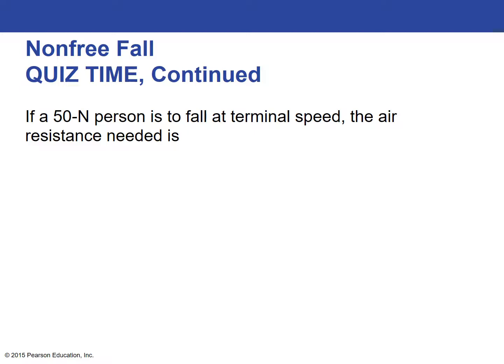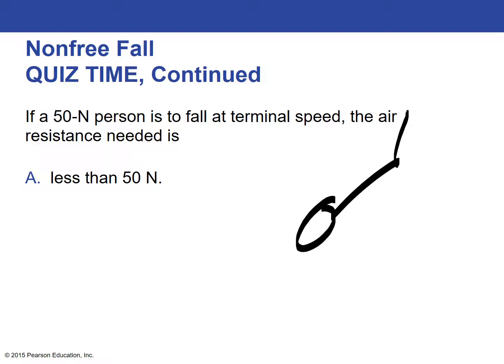A 50 newton person, hopefully with a parachute strapped to his back, is falling, and the condition at which he is going to have free fall is what? So here's your person falling, probably screaming, and the weight, the attraction between the mass of this person and the earth, is 50 newtons.